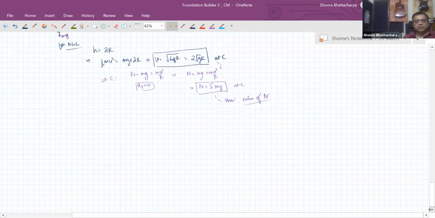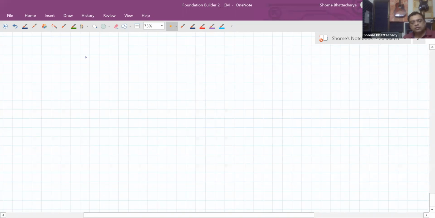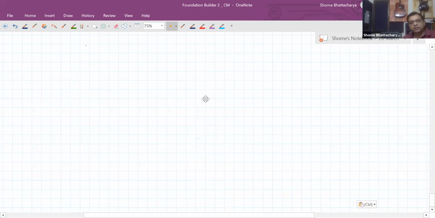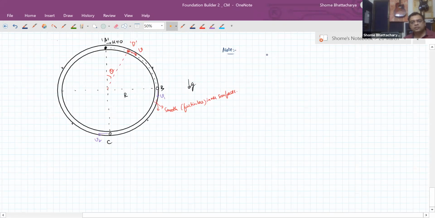Okay. So now, if we also keep in account what we had done in the previous question, the one with the hemisphere, we had seen that at any general point D, theta is less than 90 degrees, that kind of point.